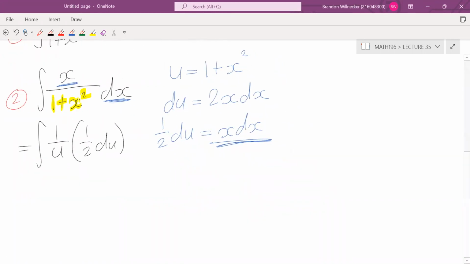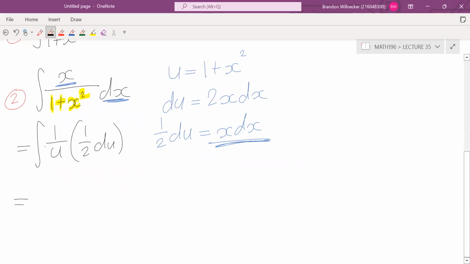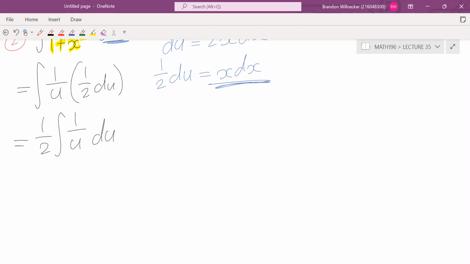Okay, no problems with that. Now this 1/2 we can take out, and we're left with 1/2 the integral 1 over u du. Okay, that's easy to do. The integral of 1 over u is the natural log. So that's going to be 1/2 the natural log absolute value of u. And again, I'm not going to put the plus c now. I'm going to put that right at the end.